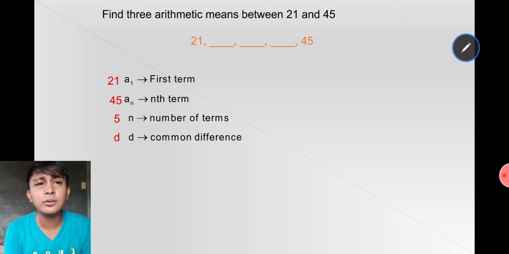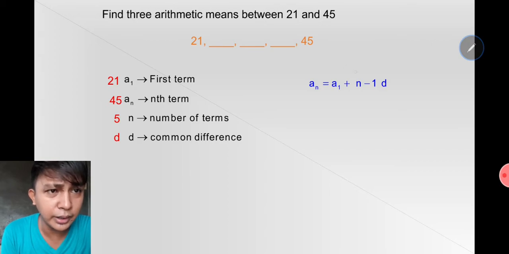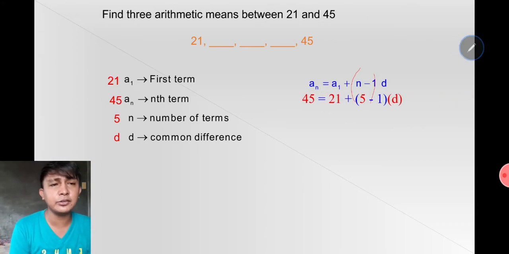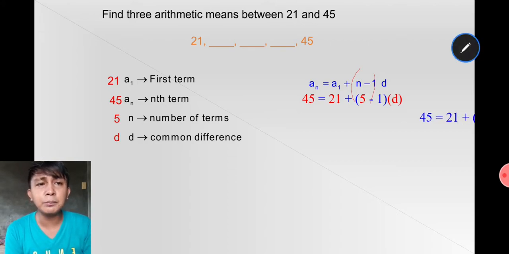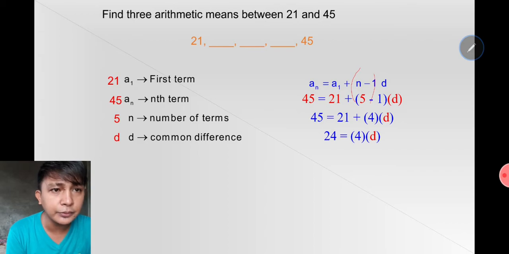Again, by using the formula, a sub n is equal to a sub 1 plus n minus 1 times d. By substitution, 45 is equal to 21 plus 5 minus 1 times d. We first get the operation inside the parentheses, which is 5 minus 1. So we have 4, multiplied to d, we have 4d is equal to 24.